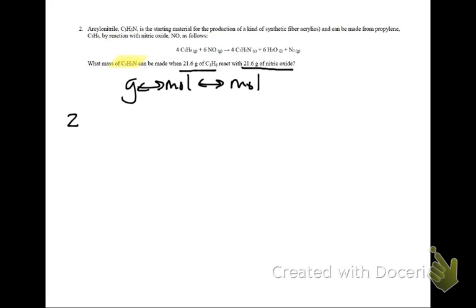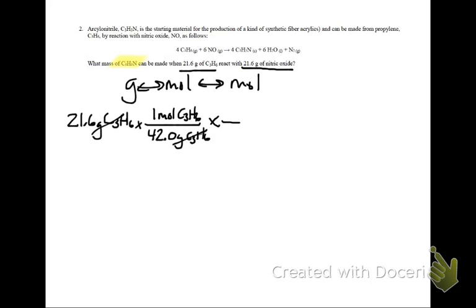So let's start with the 21.6 grams of C3H6, the propylene. And the molar mass of propylene is 42.0 grams C3H6 for every 1 mole of C3H6. Grams cancels out grams. We're going to go one more step, so we're going to go from moles of propylene to moles of acrylonitrile.